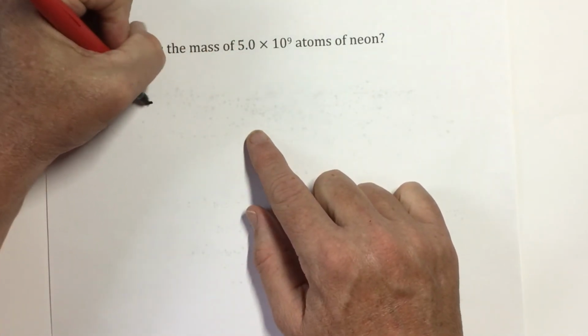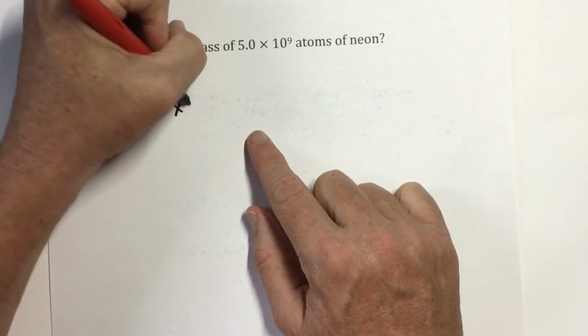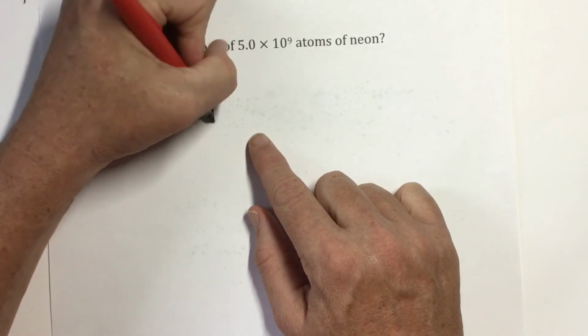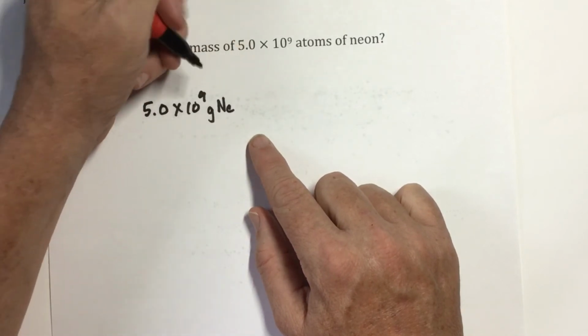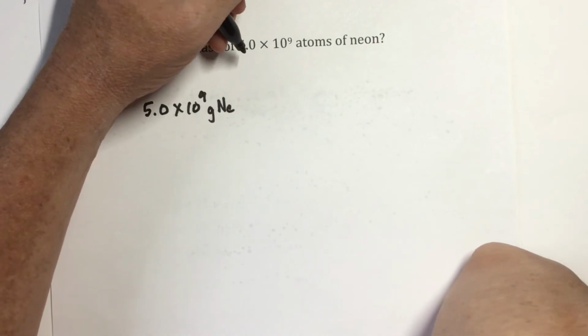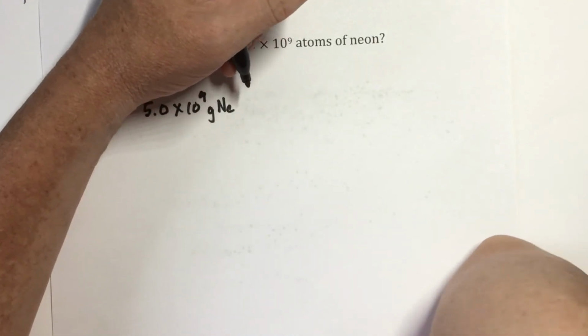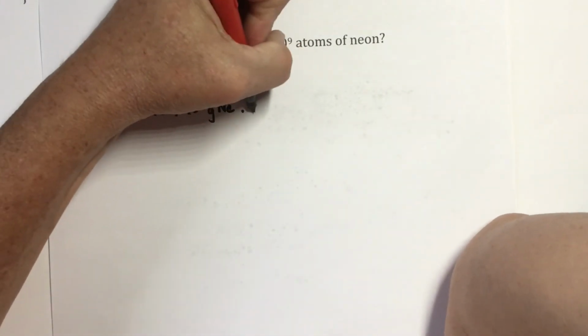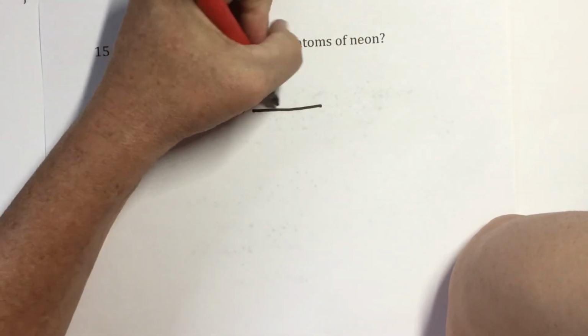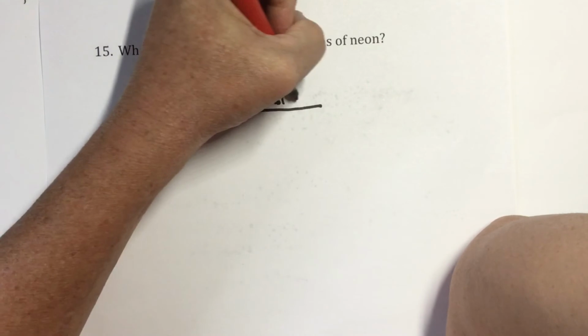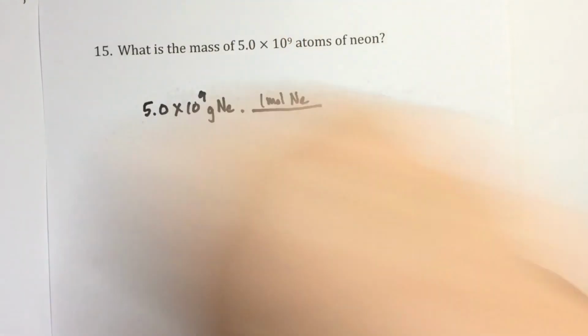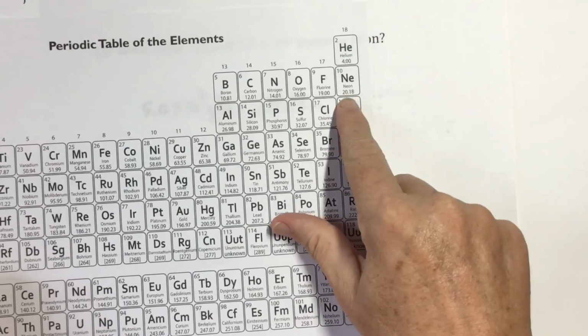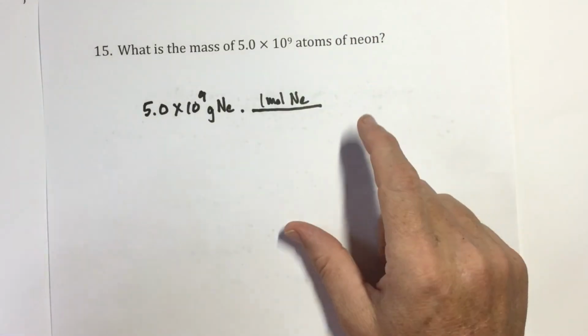So we'll start with what we know, 5.0 times 10 to the 9 grams of neon. And let's see, what was I going to do? Something pretty important. Oh yeah, converting it to that. So first we convert it to moles. So 1 mole of neon, I know, is equal to 20.18 grams of neon.